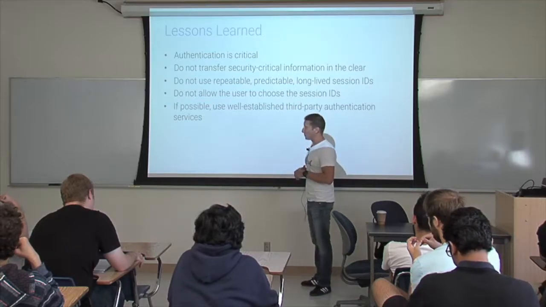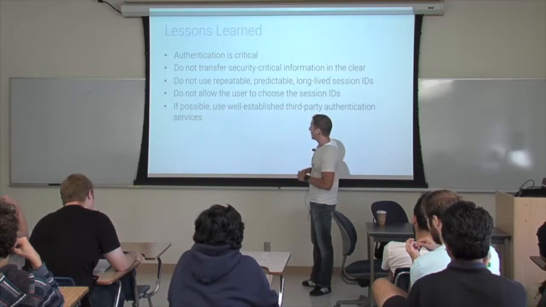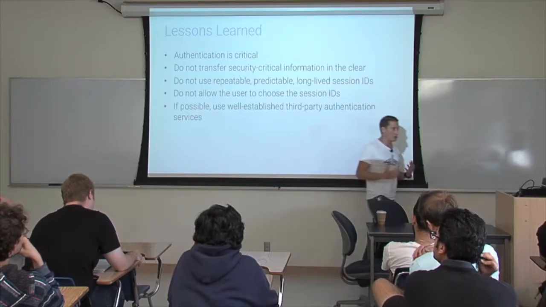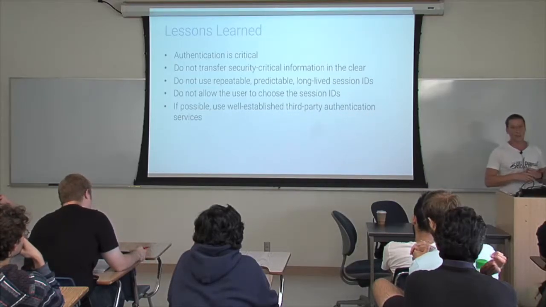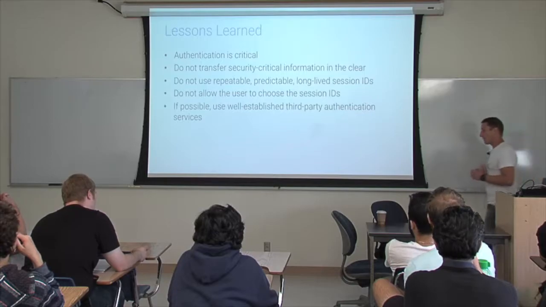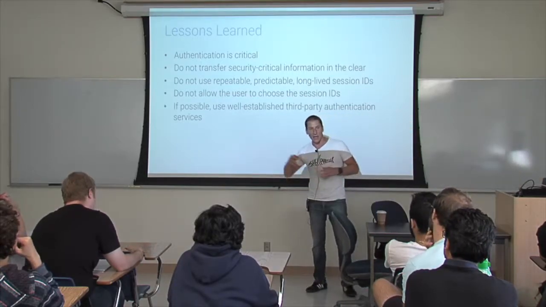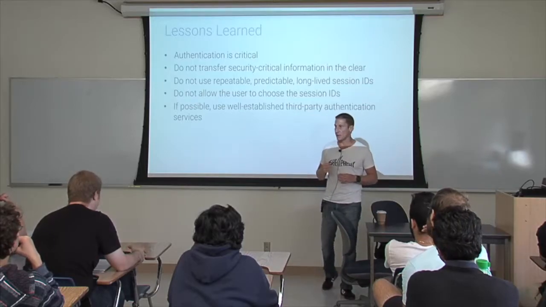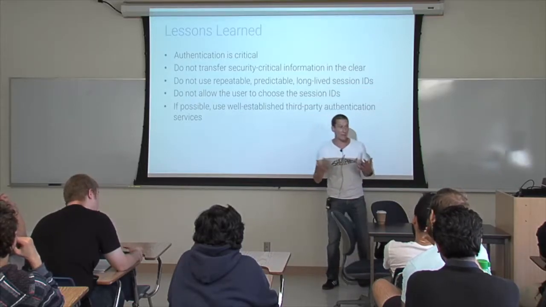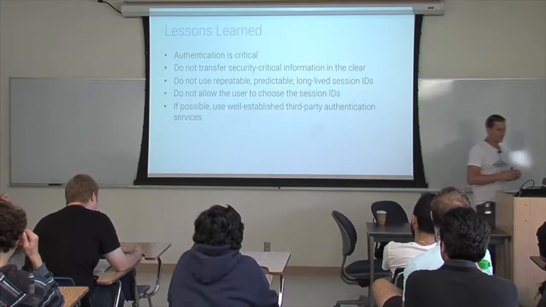Do not allow the user to choose their own session ID, and possibly use good authentication services. Do not reinvent the wheel. Most of the vulnerabilities that we see in web applications are because somebody decided, hey, I'm going to go with my own version of this, while there are frameworks that already provide you with all that functionality.